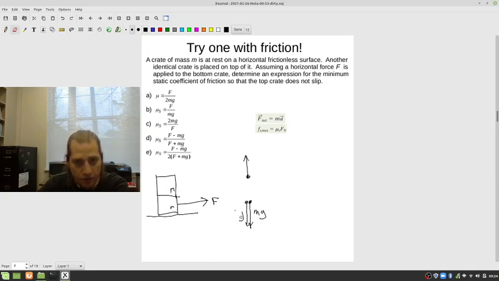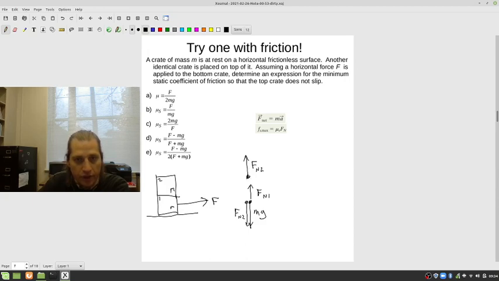A better way to put this is, if I call this object 1 and this one 2, this box is pushing up on that with a normal force, let's call that the normal force on 2, and it has to have a Newton's third law paired force, F normal 2, pushing down. Then there has to be some big Fn1 pushing up, the normal force on this one.